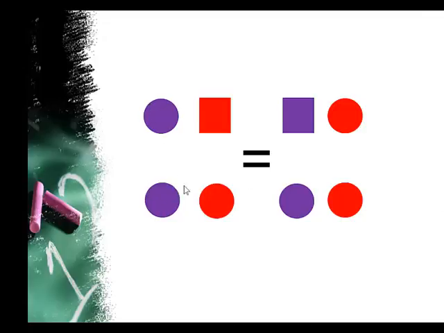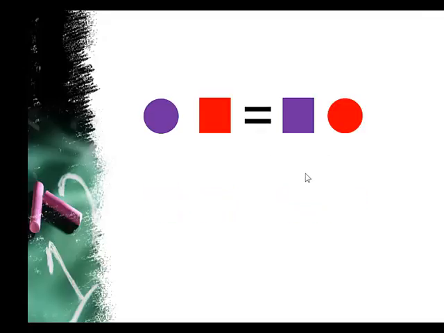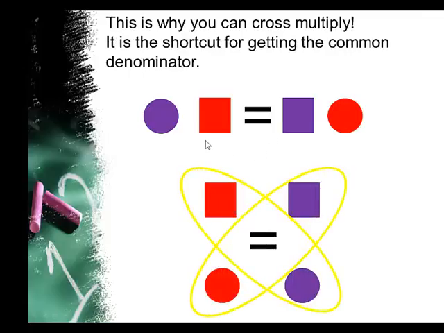So now that I have common denominators, remember we said once we have a common denominator on both sides, then the numerators have to be equal. And you end up with this. So you can actually ignore the denominators now. You've probably seen jumping straight from a proportion to this, but what that comes from is getting a common denominator. So really, you called it cross multiplication, and this is a shortcut for getting a common denominator.